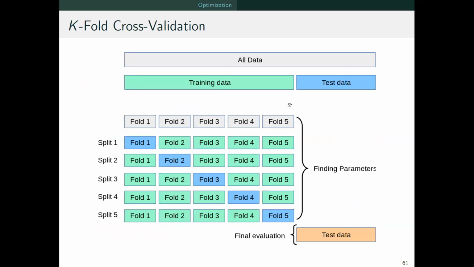So let's visualize this. You've got all the data here, split it into a training set and test set. Say this is K equals 5, so 5 folds. You split it once this way. So you've got your training set here, and then this is the training data. So train, test it, train, test it, train, test it, and then 5 times.